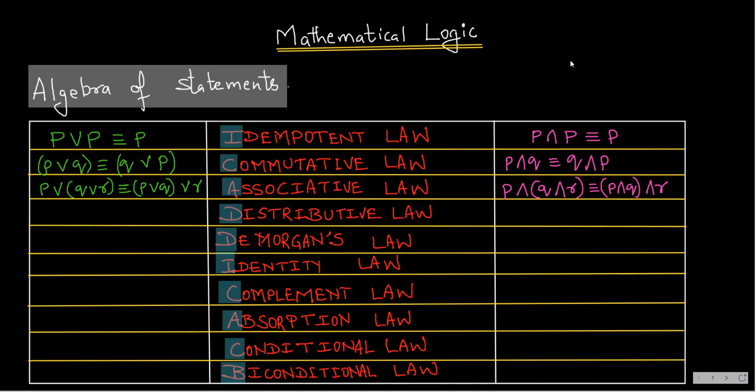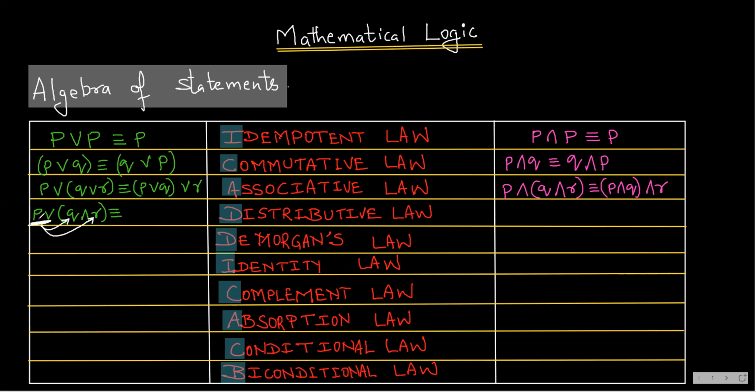Then we have distributive law. Distributive law is if you have P or (Q and R). Inside the bracket, between Q and R, between these two component statements, you have conjunction, but outside the bracket, you have disjunction. So P or (Q and R) is same as, see, this P or would be distributed. That is why it is known as distributive law.